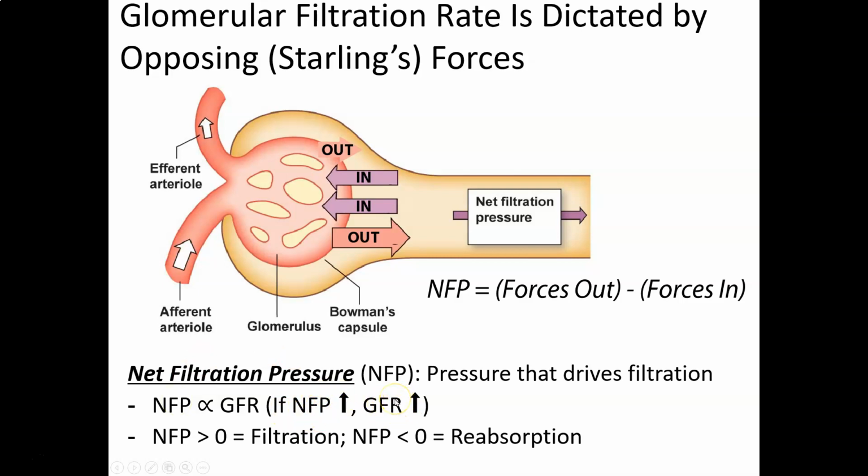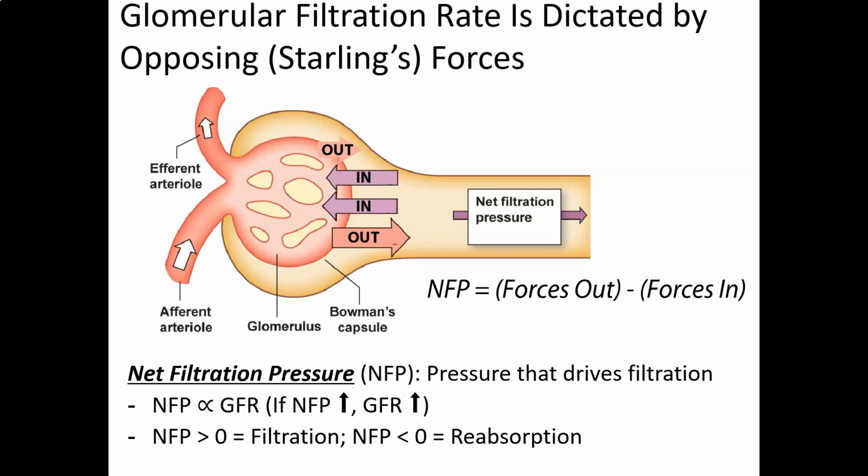As a matter of fact, we could be even more specific and say, if NFP doubled in a normal person, that would be very, very unlikely and abnormal, but if it did for some reason, if NFP went up 2 times, then GFR would also go up 2 times. So it would go from an average of 125 mils per minute in a normal person, and if their NFP doubled, then GFR would go up to approximately 250 mils per minute.